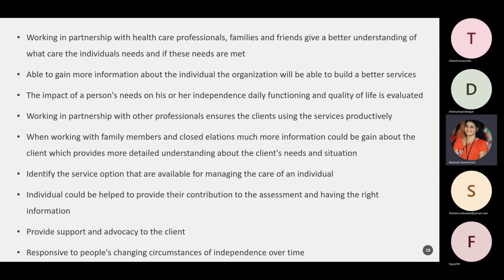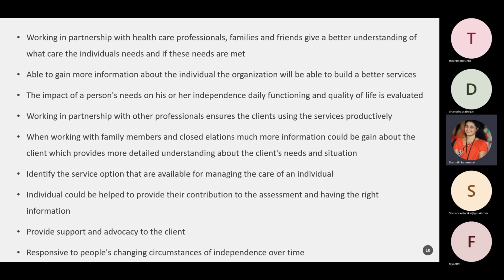Working in partnership with healthcare professionals, families, and friends will give a better understanding of what care each individual needs and whether their needs are met or not. Right? Yes, it is important. So once you start to have collaborative work, you can identify about a particular individual.